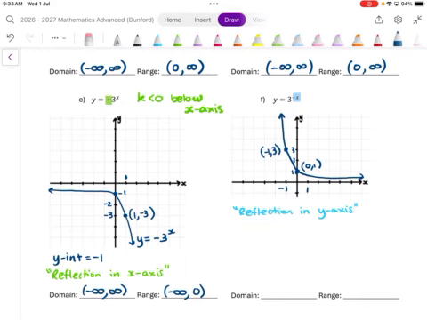And we need to also make sure that we label y equals 3 to the power of negative x. Okay. So all we've done is we've picked it up and we've flipped it about the axis. Now, our domain is still negative infinity to infinity, but our range is also going to be 0 to infinity because we still have that asymptote at y equals 0.